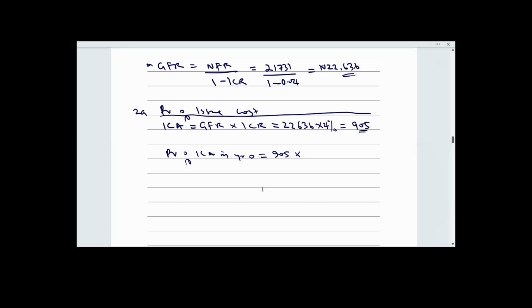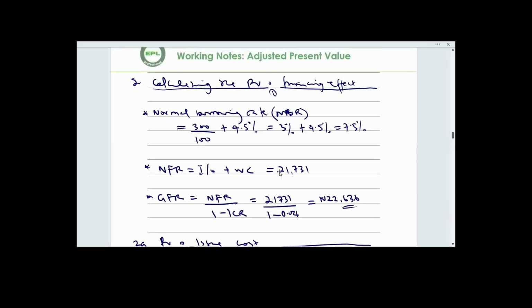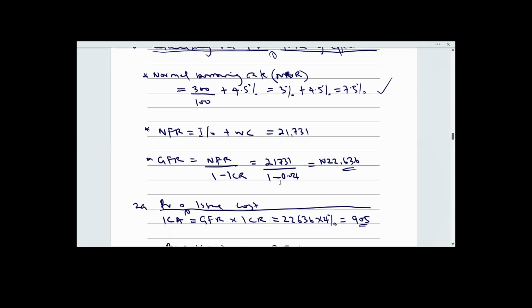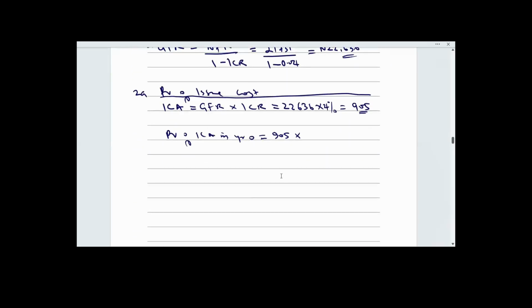We have assumed the cost of borrowing as our discount rate to be 7.5%. Therefore, the discount factor at year 0 is equal to 1. So this will give me 905. It's a cash outflow. That's the present value of issue cost in year 0.